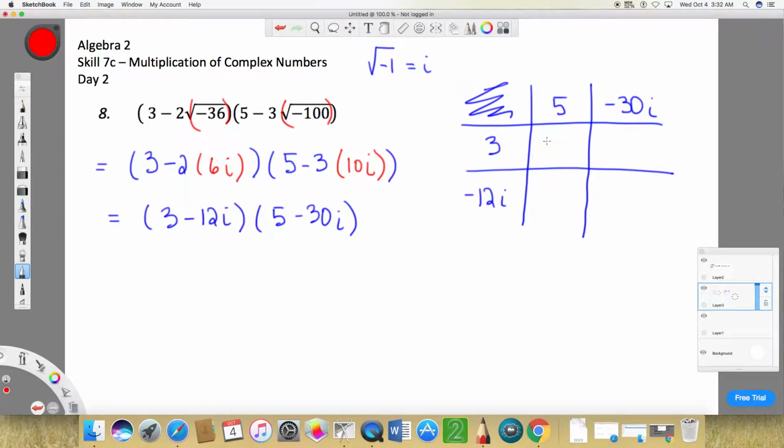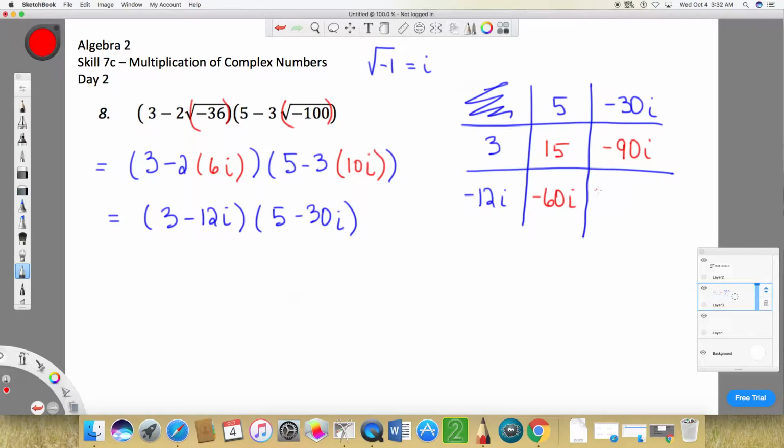So 3 times 5 is 15. 3 times -30i is -90i. And -12i times 5 is -60i. The negative times negative is positive.